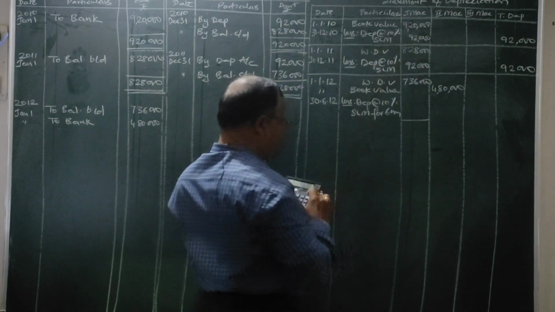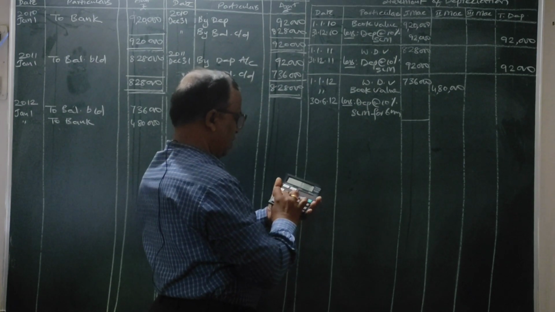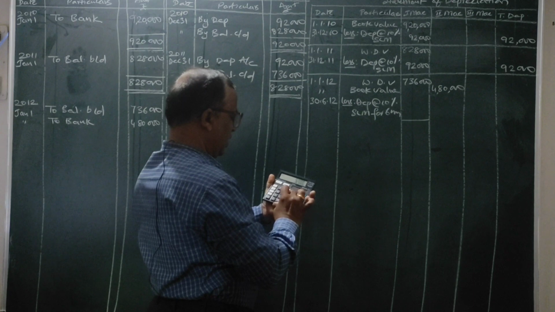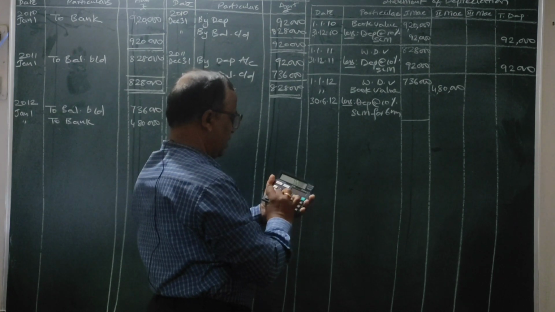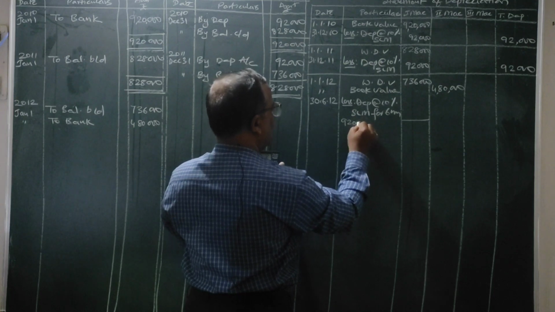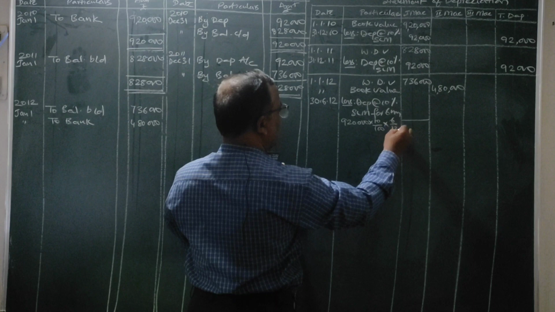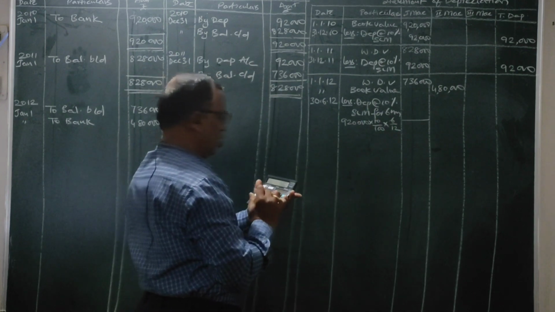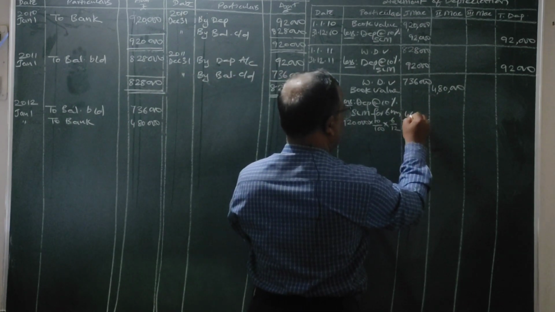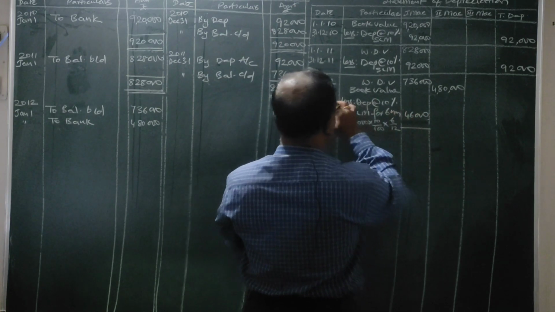So on 9,20,000, the depreciation rate is 10% into 6 divided by 12. Okay, I will write it here for you. 9,20,000 into 10 by 100 into 6 by 12. If you do it, how much will you get? 46,000. So this is your depreciation amount up to 30th June.